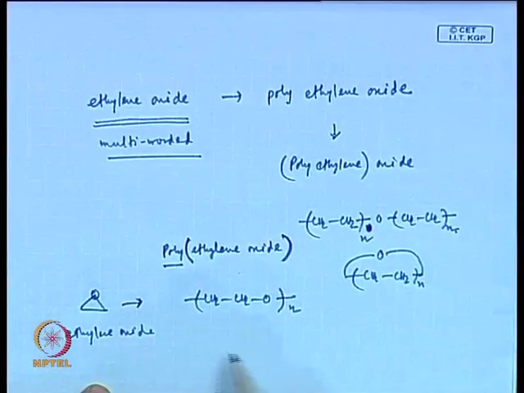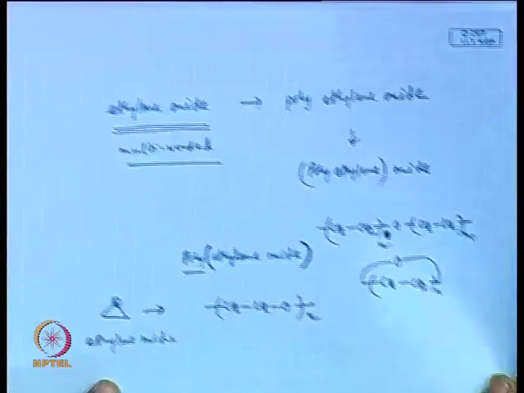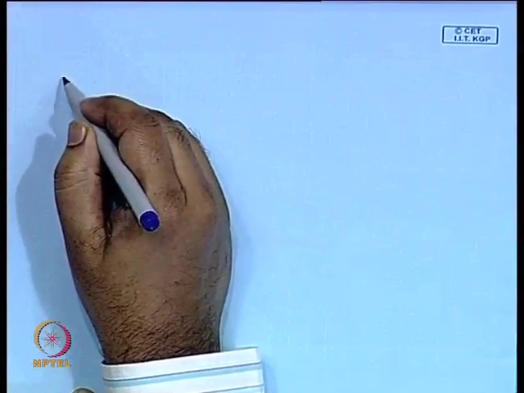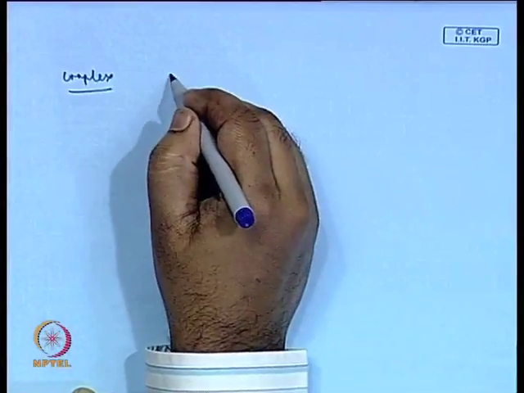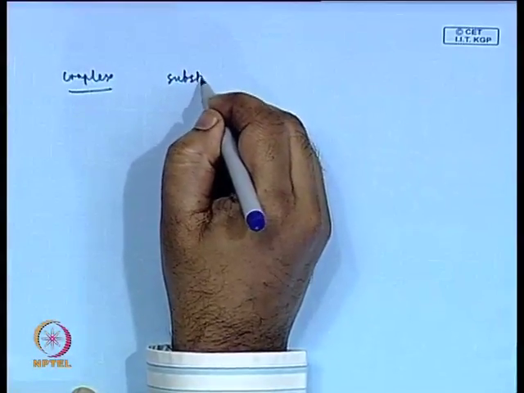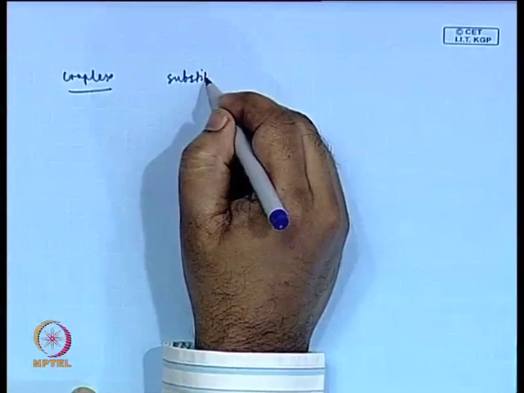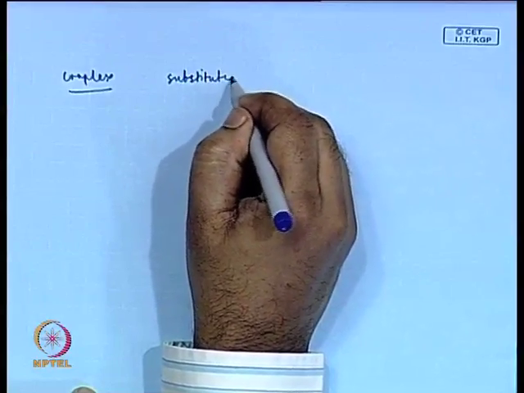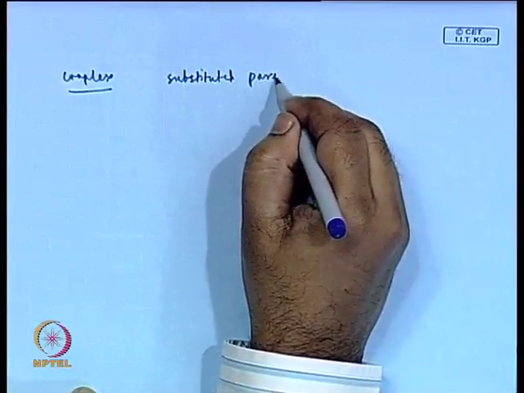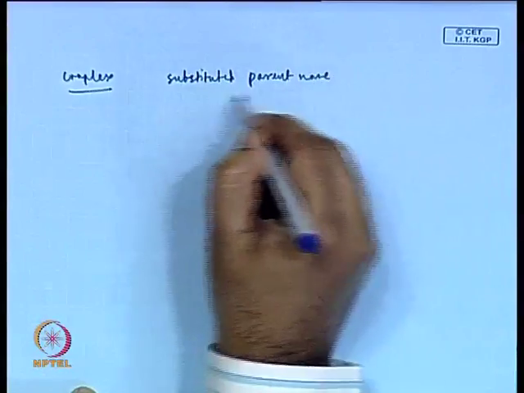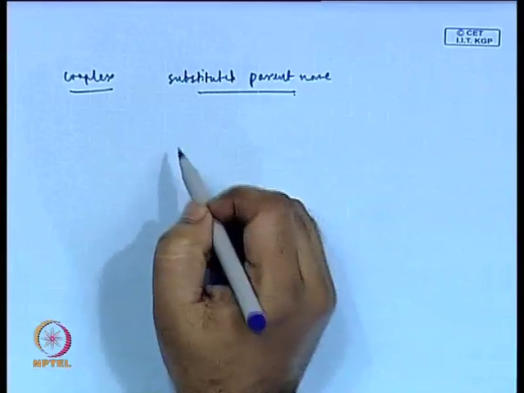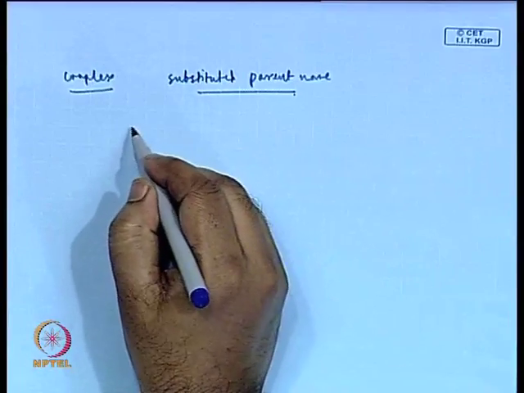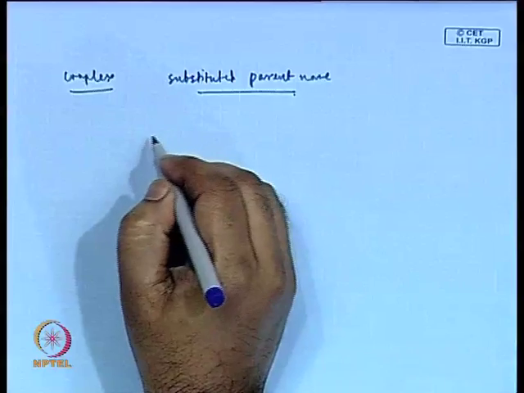Some other examples: if the monomer is very complex, or it has a substituted parent name, then also you have to put a bracket before you prefix the poly term.